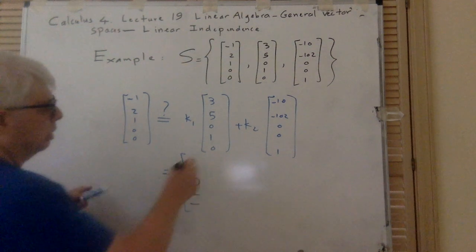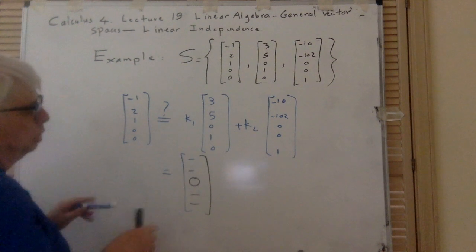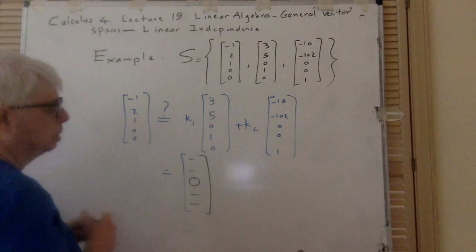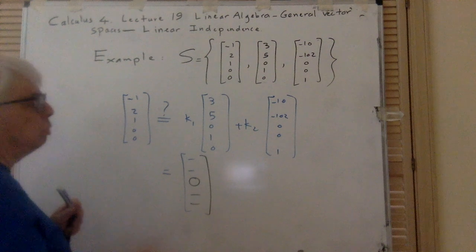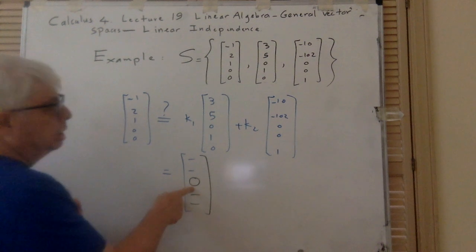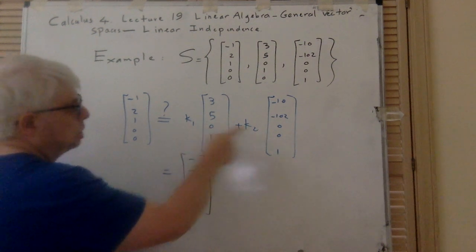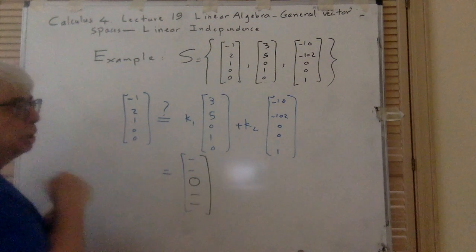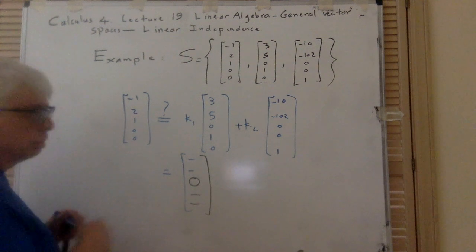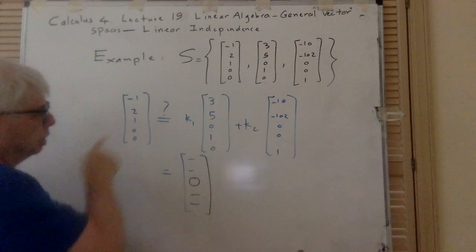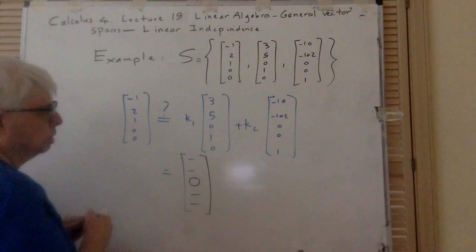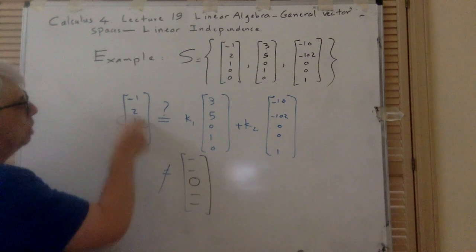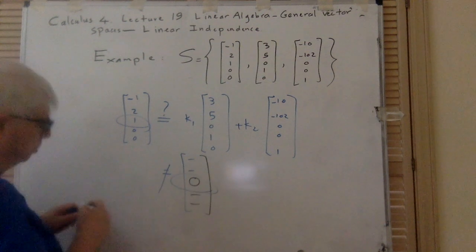So if I use any two scalars, I will never get anything but 0 in this location, the third entry. But the third entry here is 1. So this can never be equal to this, because the third entry here is 1 and here it is 0.